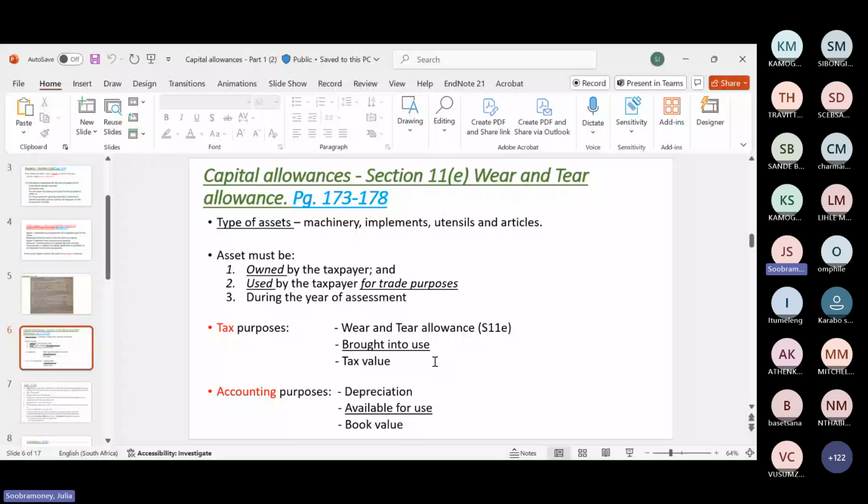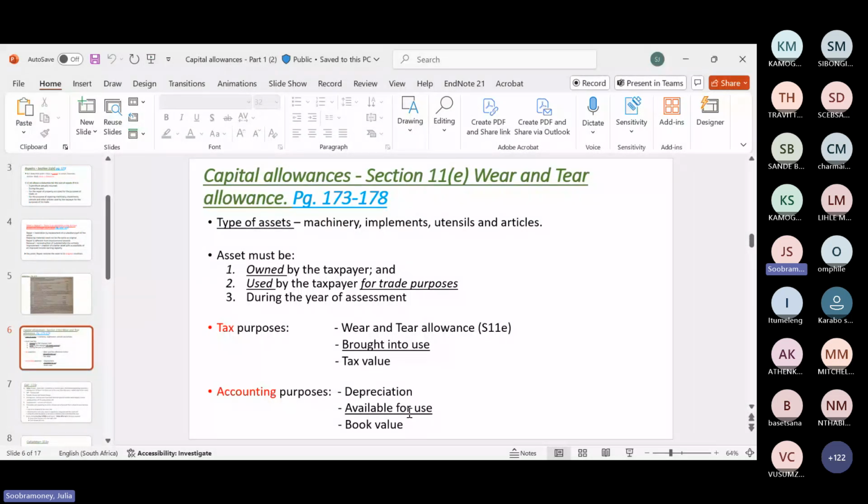They'll say cost minus depreciation, cost minus wear and tear. But what does that value actually represent? It represents the balance of the cost price that still needs to be written off. Okay? So you will see what I mean when I say don't study things off by heart, study with understanding. Okay, so that's just a bit of difference between tax and accounting, but you can see it's very similar.